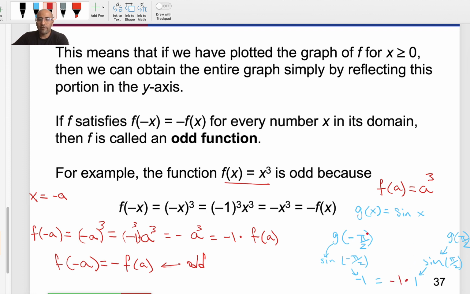So that's true for any value. I just randomly picked x equals this number, but this is true: g of negative pi over 2 equals negative 1 times positive pi over 2. And this relationship is going to be true for any value you choose for x. Any angle you choose will give you the same result.